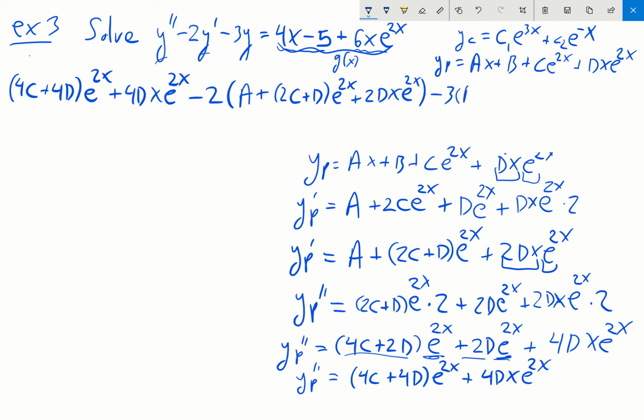That's 3 times ax plus b plus c e to the 2x plus dx e to the 2x. And this is going to be equal to, the right hand side is 4x minus 5 plus 6x e to the 2x.